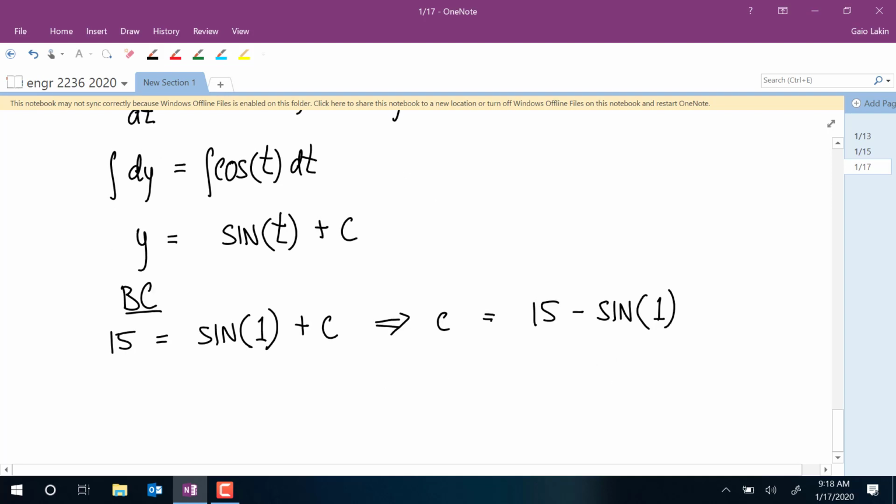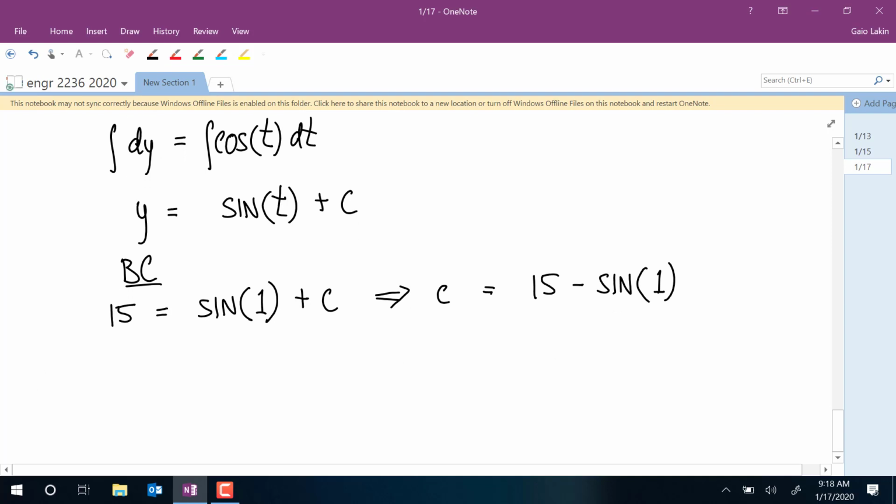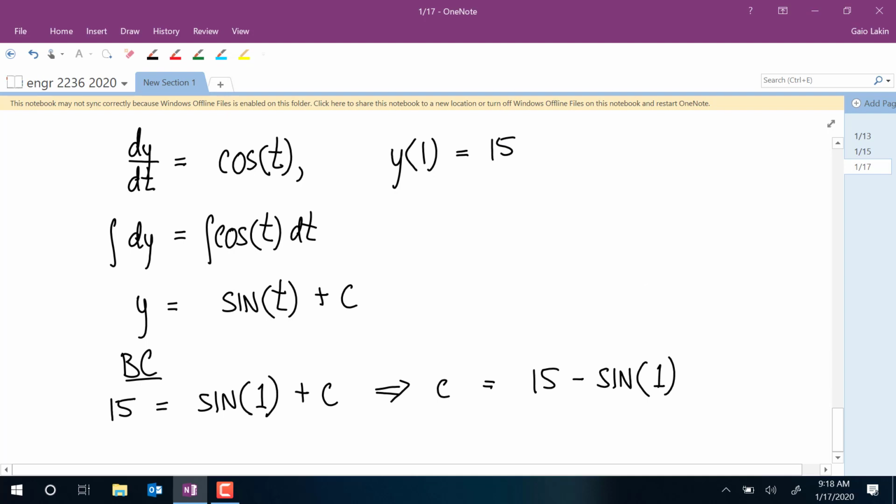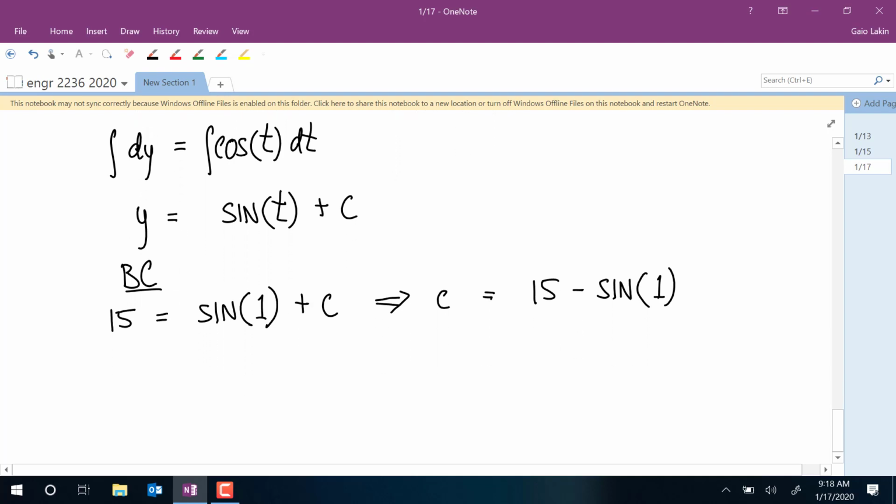And actually, this brings up something that you need to know in this class and is useful in a lot of classes. Well, so now we know that y as a function of time is equal to sine of t plus 15 minus sine of 1.